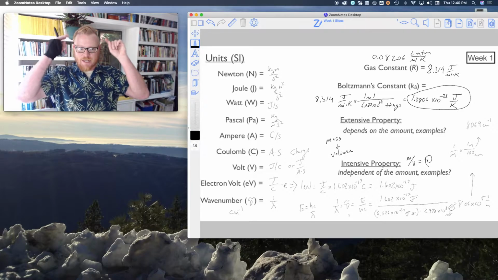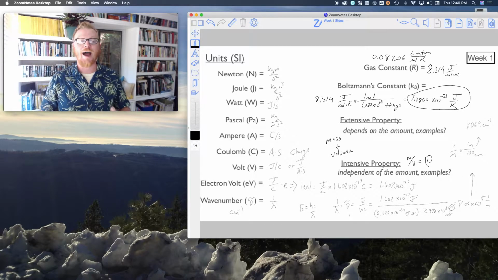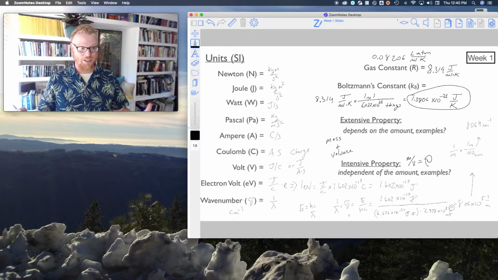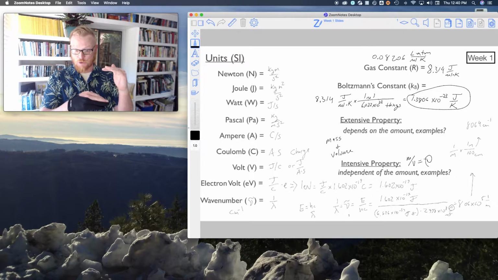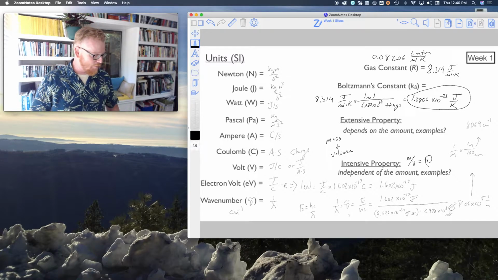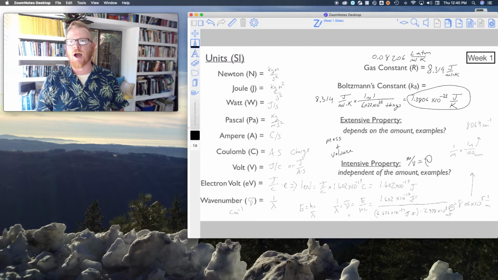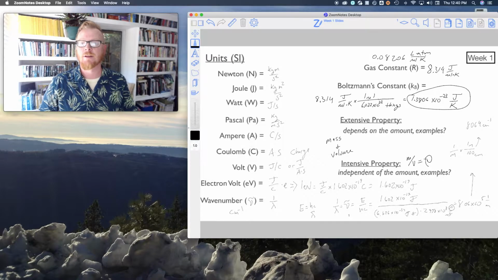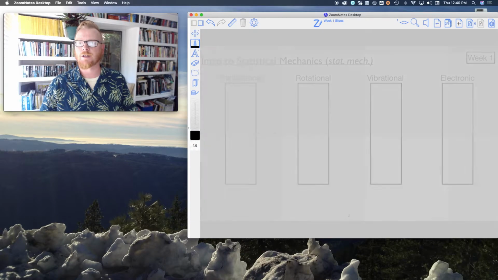So maybe you're even connecting a bigger picture there: if I take two extensive properties and ratio them, such as mass and volume, I now have an intensive property. We're going to be thinking a lot about this with energy and other important quantities that we'll talk about this semester. All right, moving along.